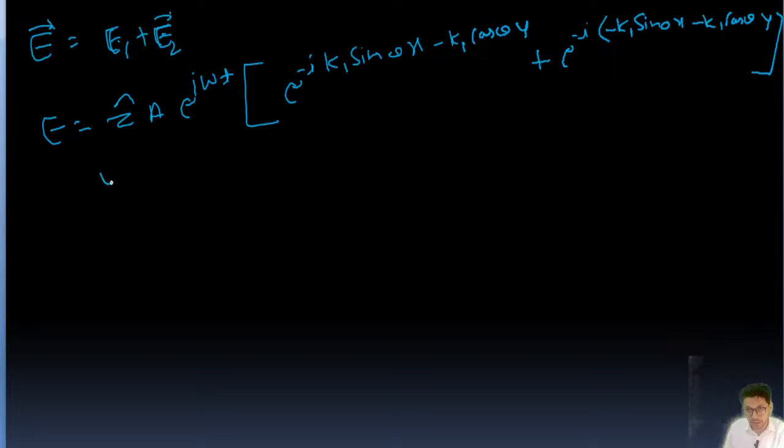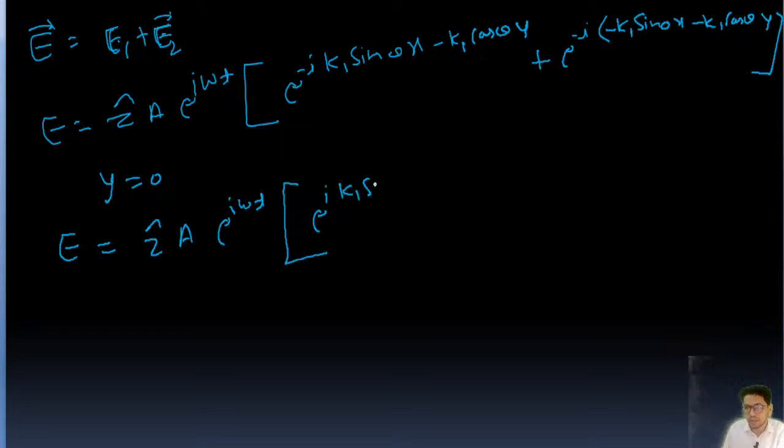So now it is given y equal to 0, for the plane y equal to 0. So we'll put y equal to 0 in this expression. E is going to be z cap A e to the power iota omega t, and y is 0, so it is going to be e to the power minus iota k1 sin theta x plus e to the power iota k1 sin theta x.